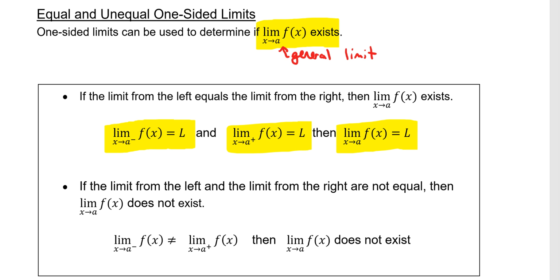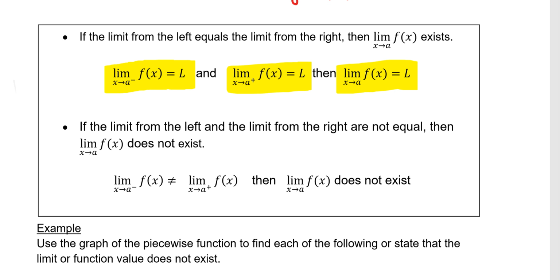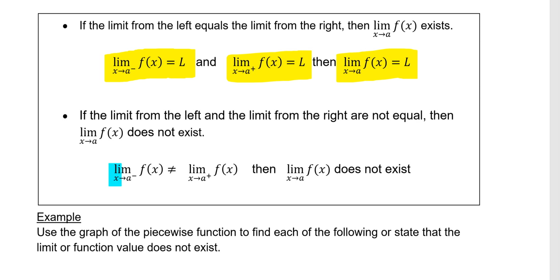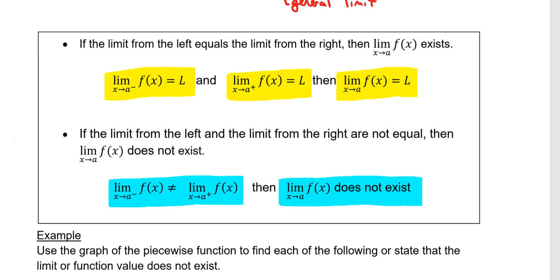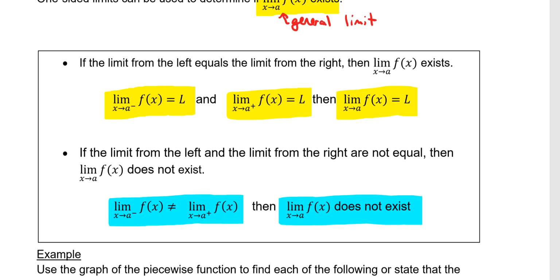So that's what we've done a lot of in the first several examples that we were doing. If the limit from the left equals the limit from the right, then the limit in general is also that same value. So now if you have something where the limit from the left does not equal the limit from the right, then the limit does not exist. So does not exist, this is a very common thing that we're going to see in these examples.